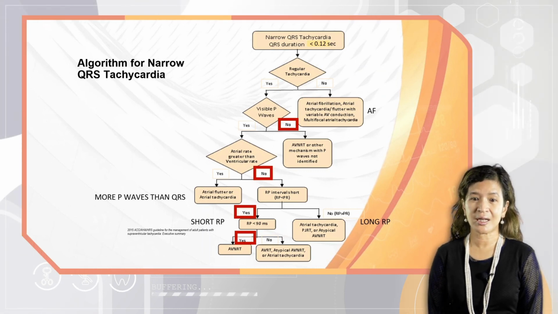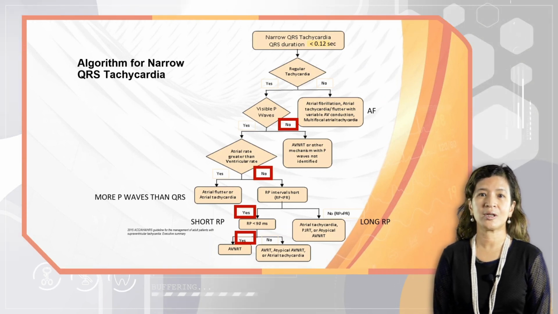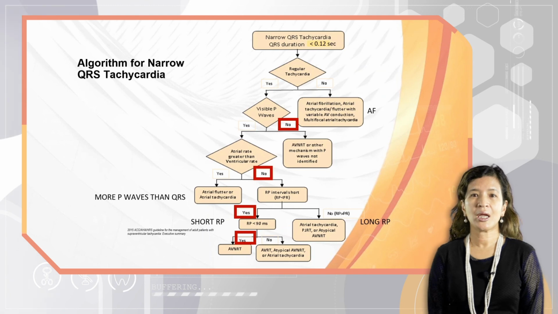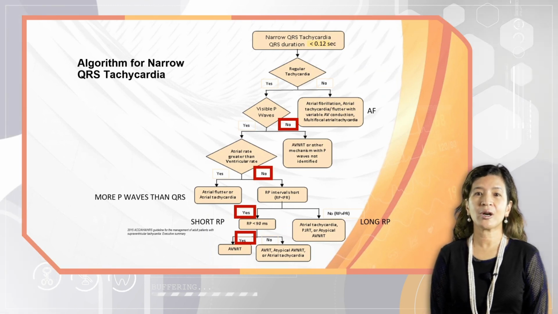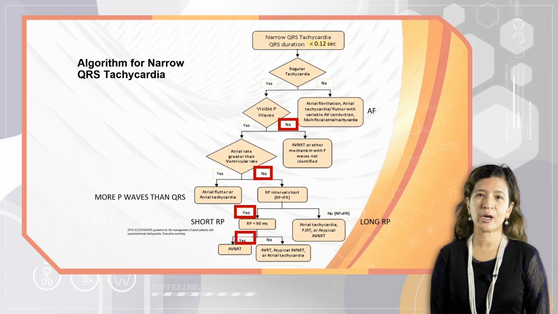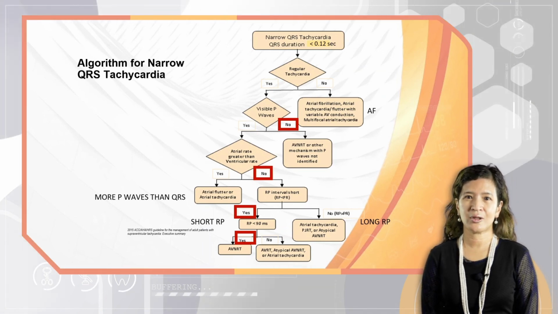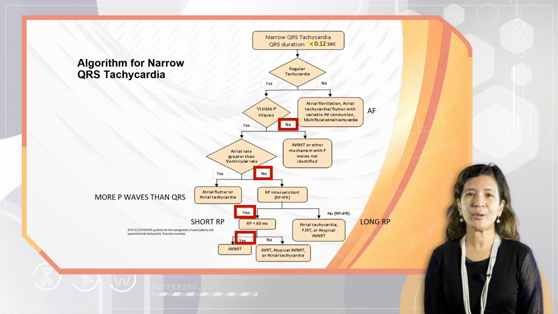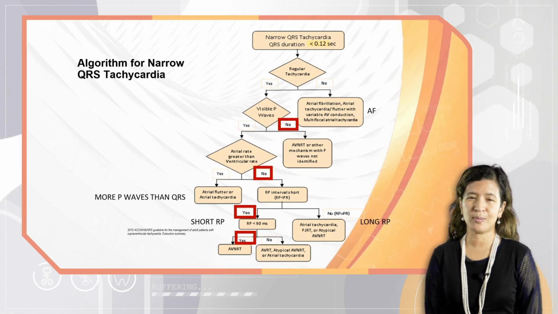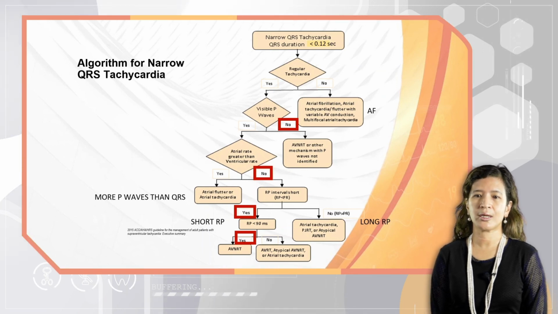If yes, then it's probably an atrial tachycardia or an atrial flutter. Now, if there are equal P waves and QRSs, here is where you need to turn to the so-called RP interval, because the RP interval will help you differentiate between SVT versus atrial tachycardia.